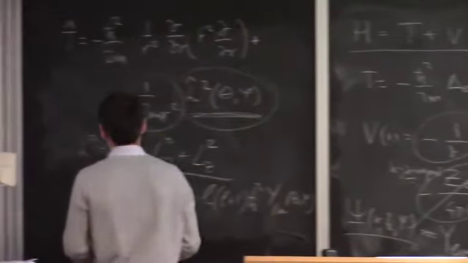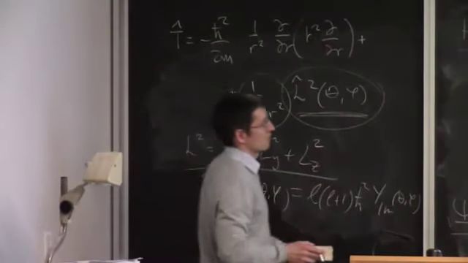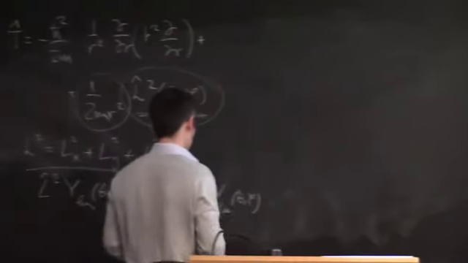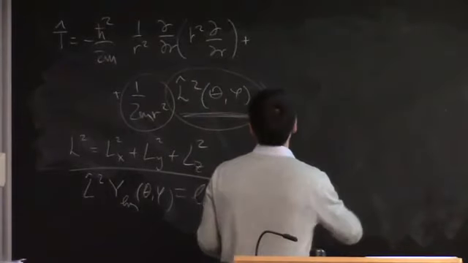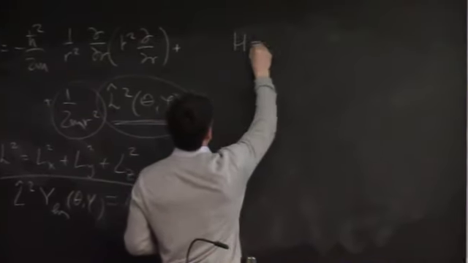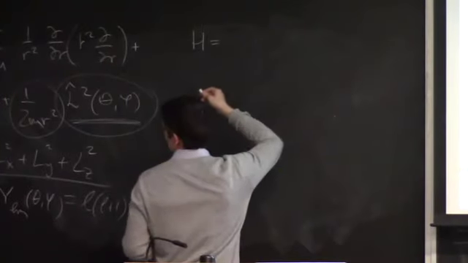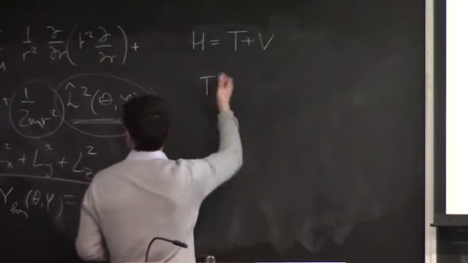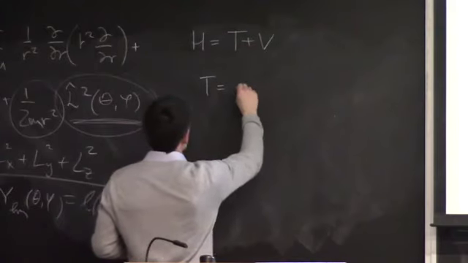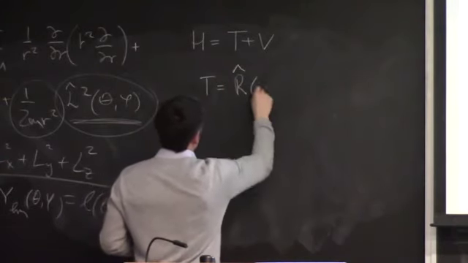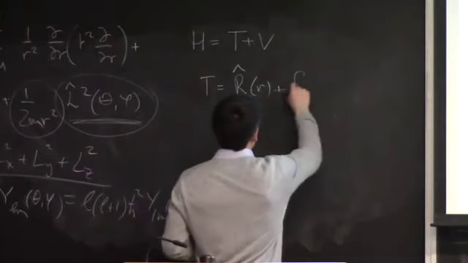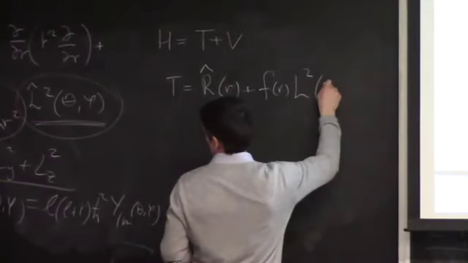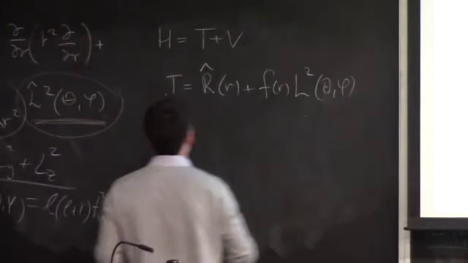So to make it more in an algebraic form rather than this complicated looking form that involves derivatives, in operator form, the Hamiltonian is equal to the kinetic part plus the potential part. Now the kinetic part can be written as some operator of r plus some function of r multiplied by L squared, which is dependent on theta and phi.